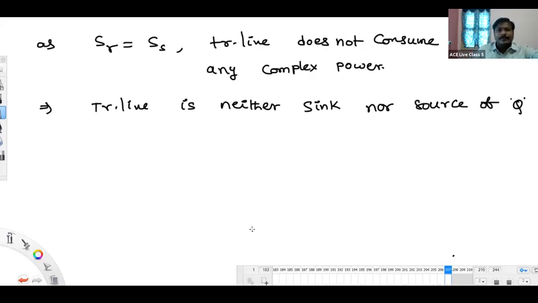Next, let's think a little about the transmission line reactive power. We already discussed this in line constants, and I am going to recall it. Just have a look here. For example, the line consists of a series element that is inductive in nature and a shunt element that is capacitive. For indication, I am showing a series inductor here, and one capacitor.